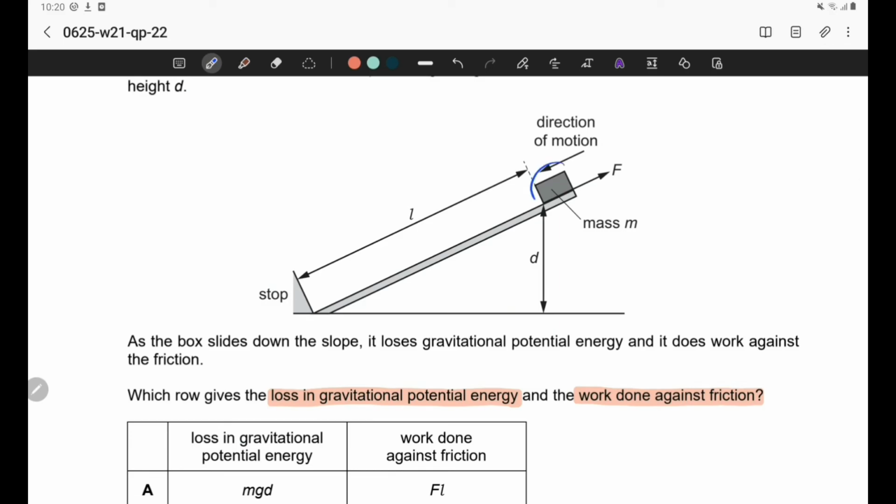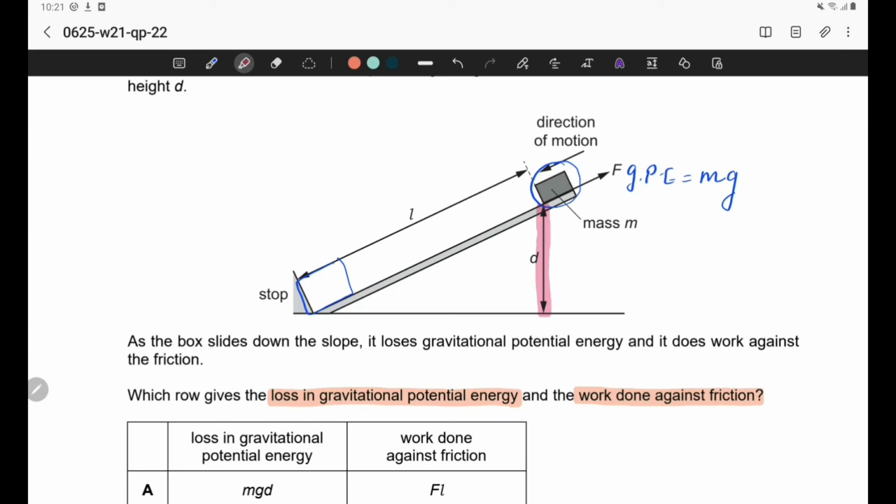When the box goes down the slope, it will definitely lose its gravitational potential energy because of the height difference, and we can find that gravitational potential energy using the equation: mass of the box times gravitational field strength times the height from the ground.